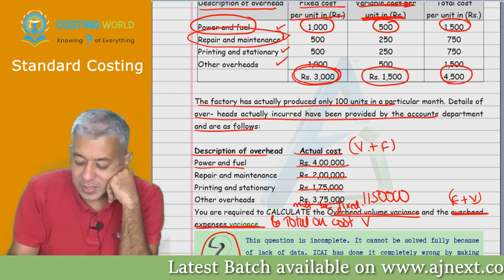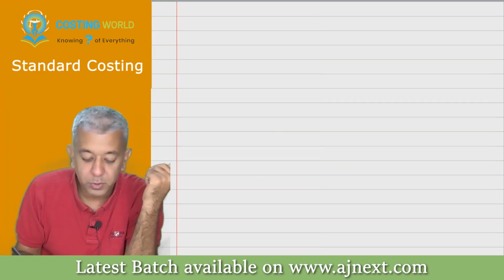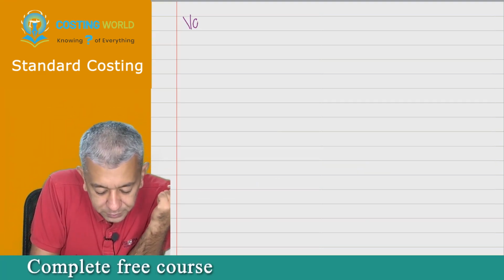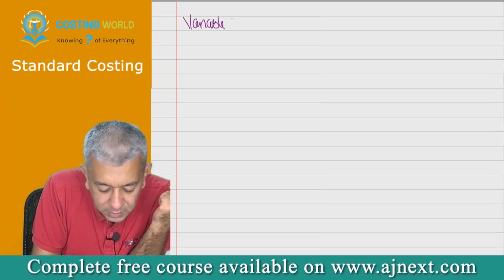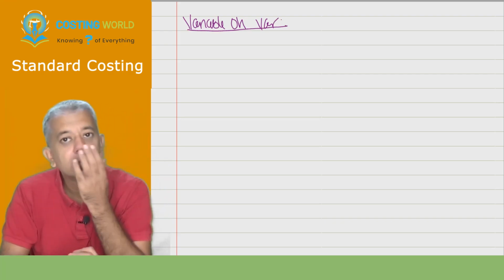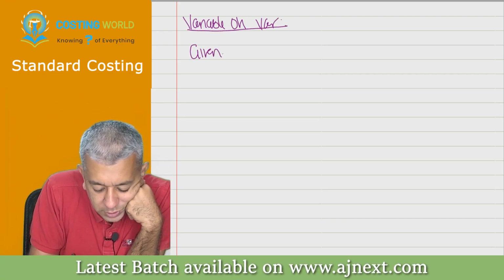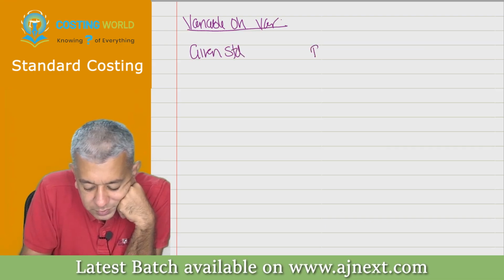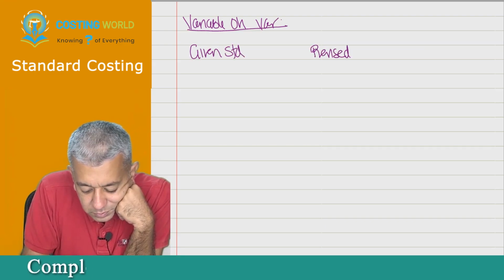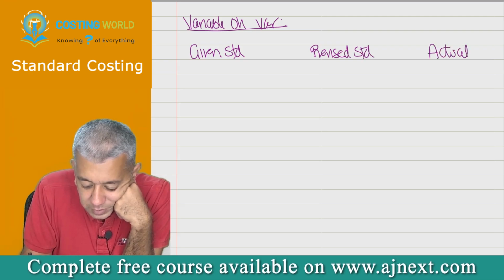Now, to the extent possible, I am trying to explain how you all know your things. So in your notebooks, write down variable overhead variances. Given standard, revised standard, actual.